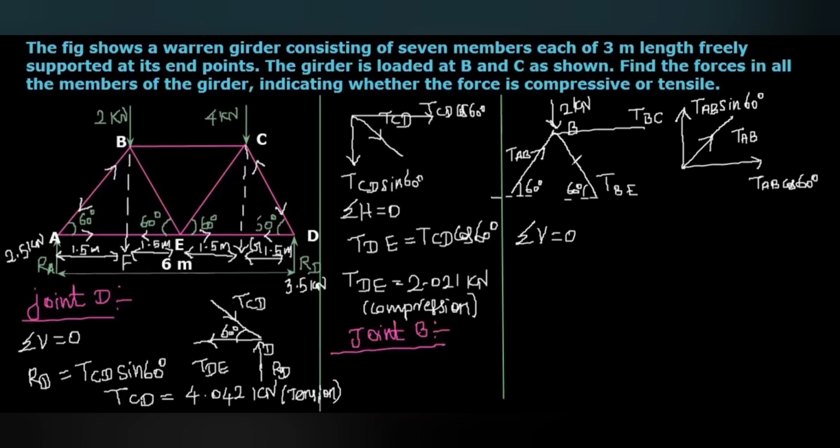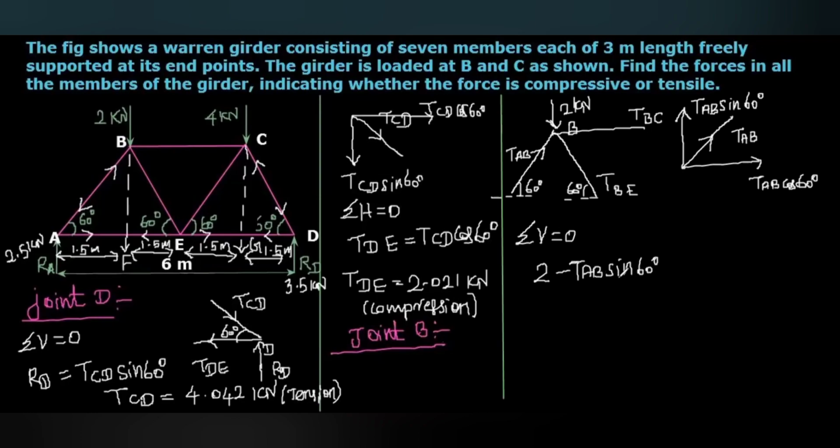So here the summation of vertical forces is 0. This 2 kilonewton is a downward force, and this TAB sin 60 will be an upward force, that I'm going to take as minus TAB sin 60 degree.